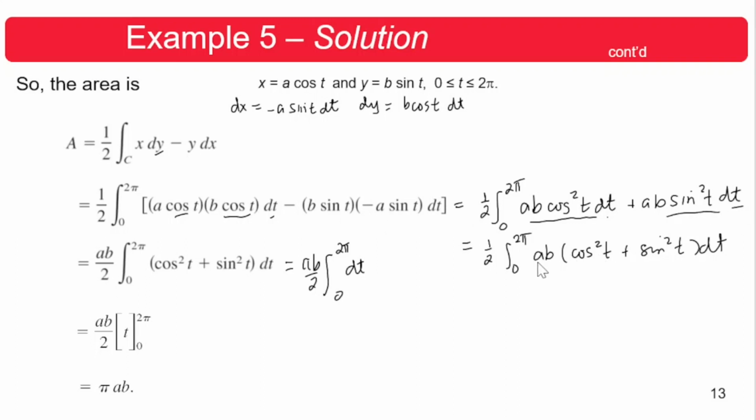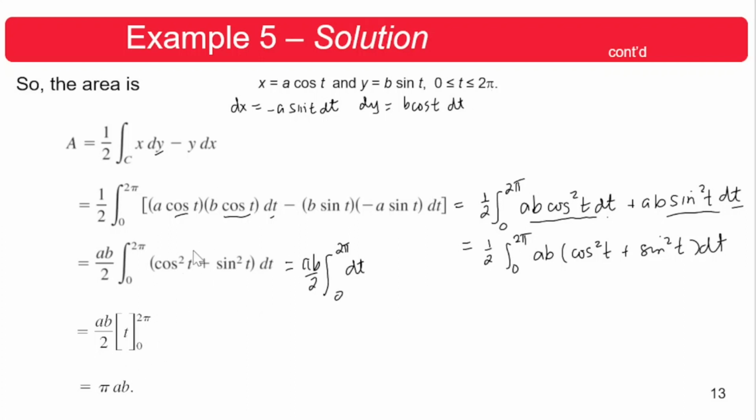And then factoring out ab and dt, we get cosine squared t plus sine squared t. Then we factor this out, we multiply by 1/2. So we have ab over 2 times cosine squared t plus sine squared t dt, where t is from 0 to 2 pi.